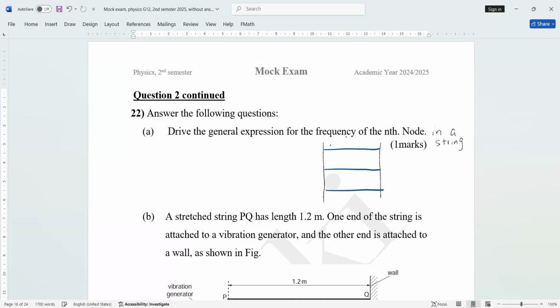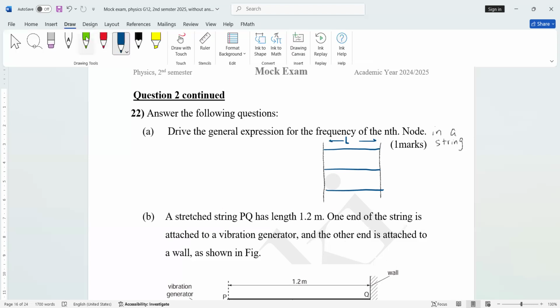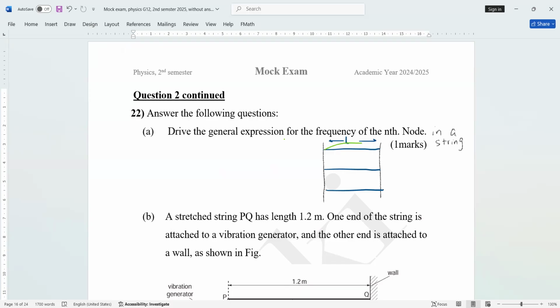L is the distance between the 2 points. In the first case, we have 2 nodes, 1 loop, like this. In the second, we have 2 loops. In the third, we have 3 loops.